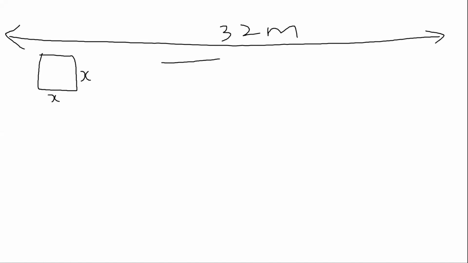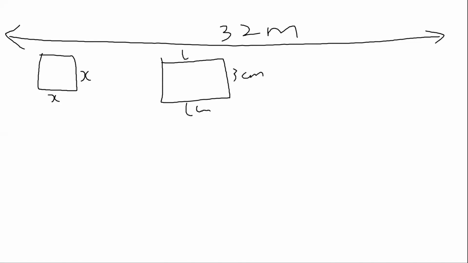Okay, so we have a strip of wire that is 32 meters. It is used to form a square with side x, and a rectangle with length L centimeters and width 3 centimeters.